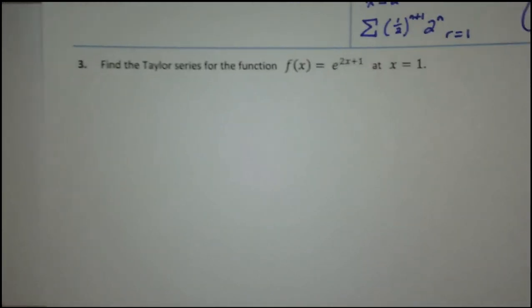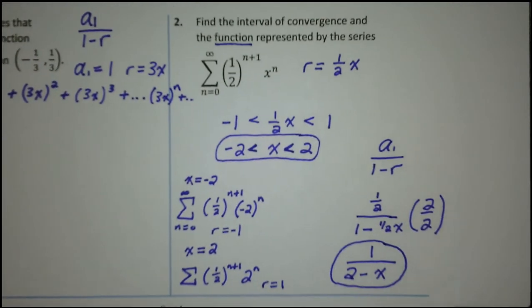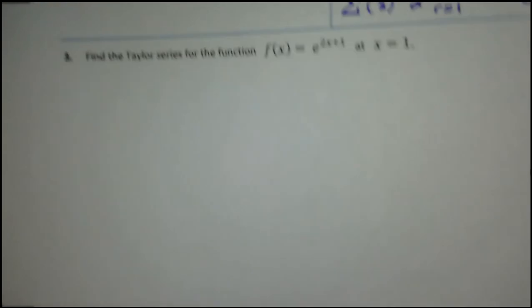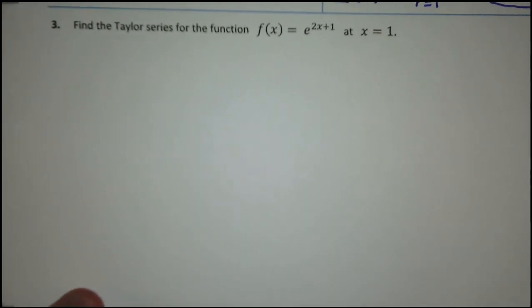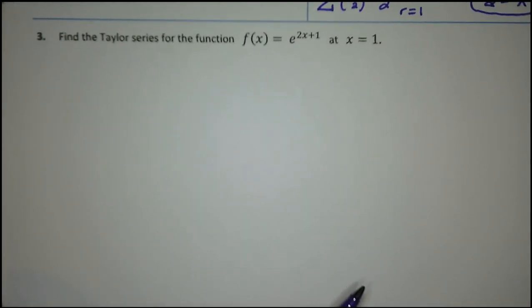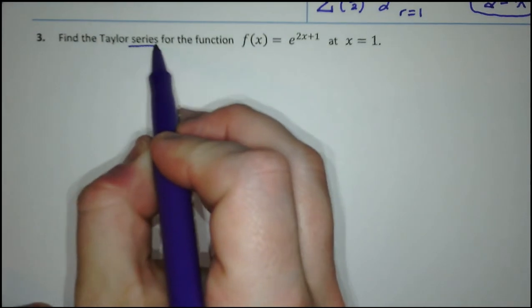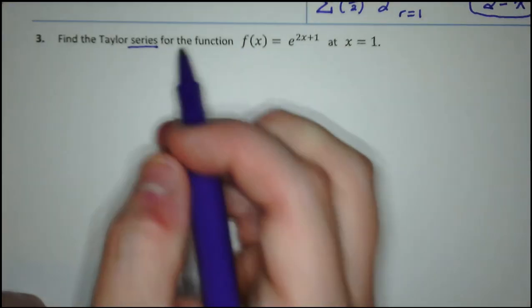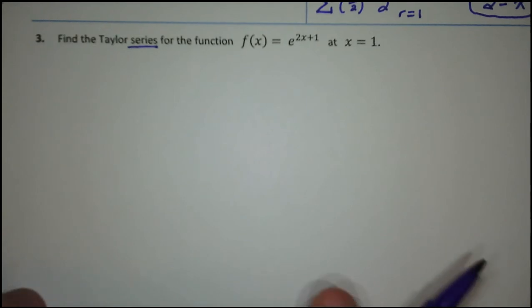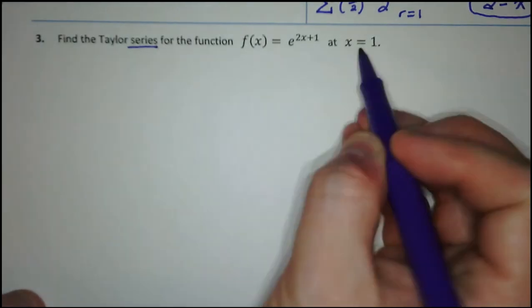Woo, number 3. So hopefully that all landed on camera in the screen correctly there. So number 3, get out of the way. Find a Taylor series. Not just the polynomial to like 3rd order or 4th order or something, but the Taylor series for this.